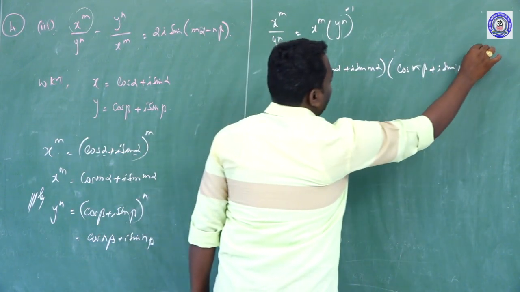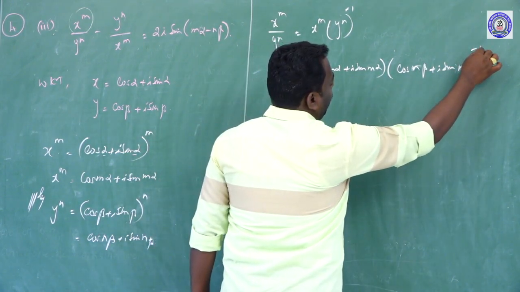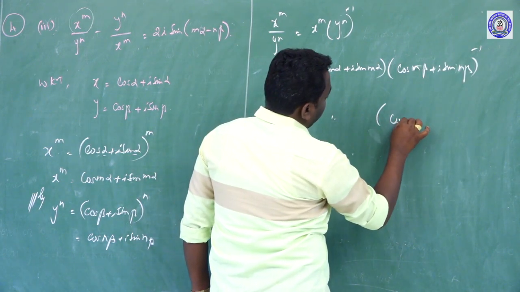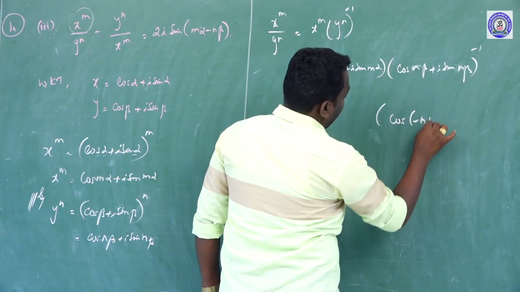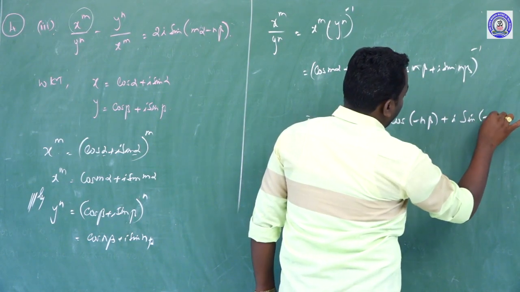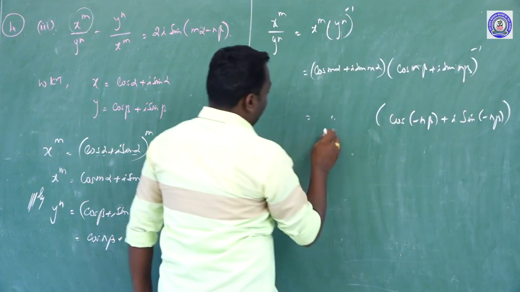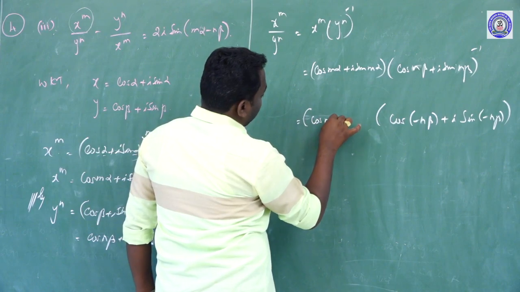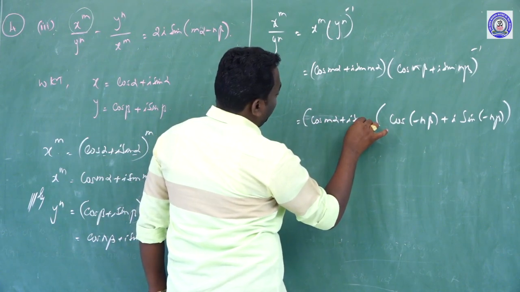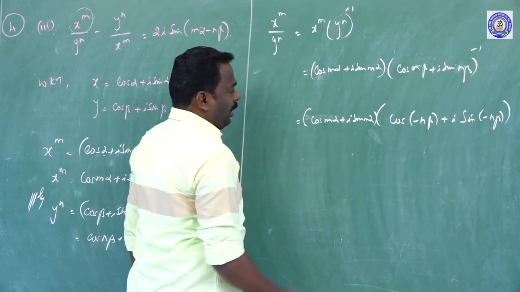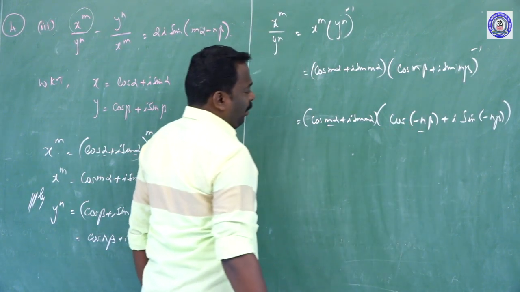Now the whole power minus 1 remains. Multiply the minus 1 inside the bracket, so the first term becomes cos(−nβ) + i sin(−nβ). And the remaining term is cos mα + i sin mα. For the product of two complex numbers, just add the arguments.